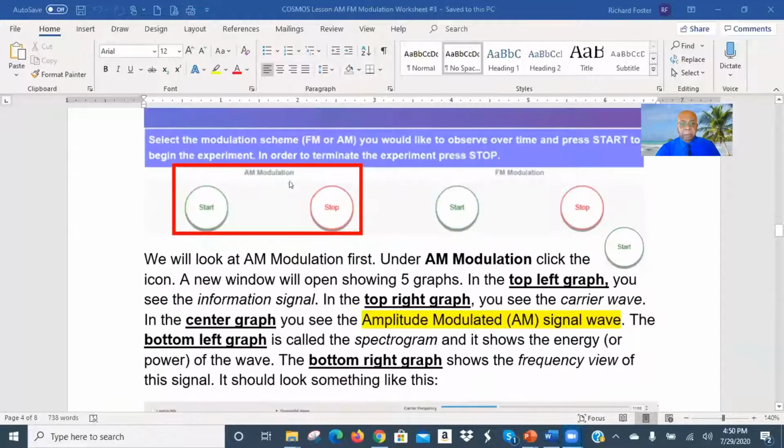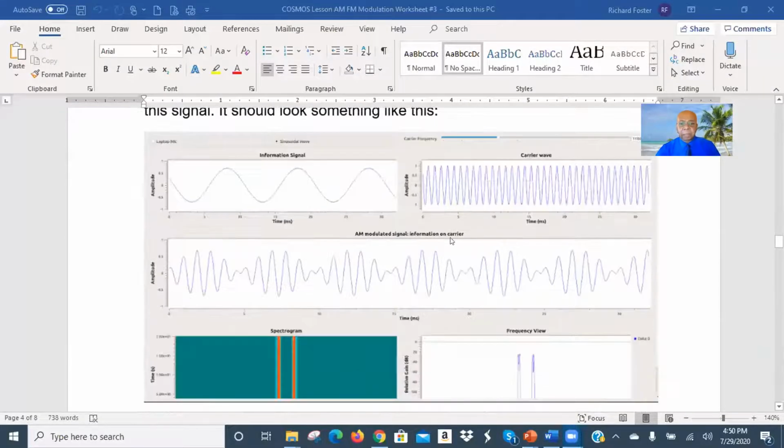When you click on the start button, you're going to get a screen that looks like this. This is going to be the information signal, carrier frequency. The middle graph is going to be the amplitude modulated signal wave. This graph down here is a spectrogram. This is going to show you the power of the wave signal. And remember, I told you about this.